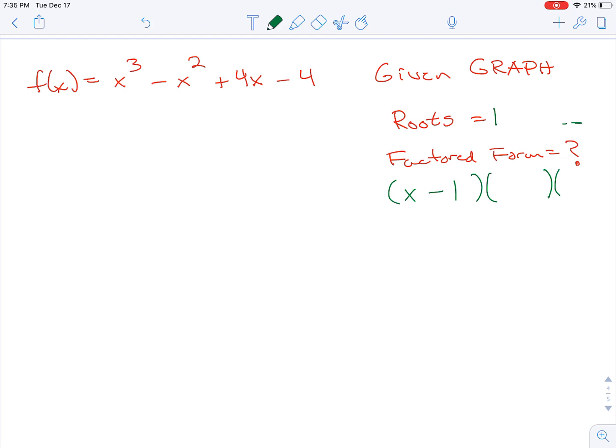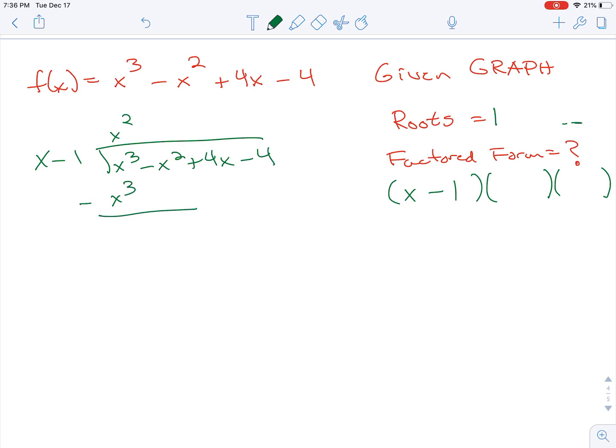It's kind of like the other problem. I would probably pause it here and try to find the other ones. So from here, I'm going to have x cubed minus x squared plus 4x minus 4 divided by x minus 1. And this one's easier because I don't have to do the 0x thing here, right? So I'm going to divide in. Again, I strongly recommend trying this on your own.